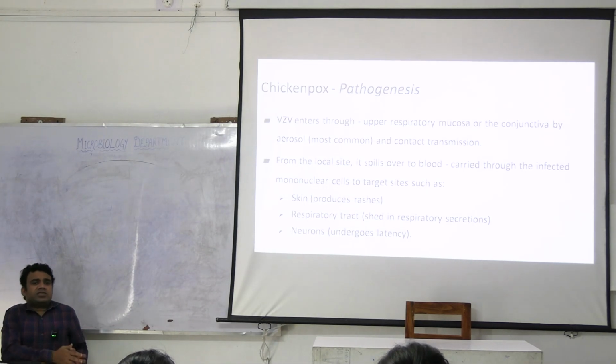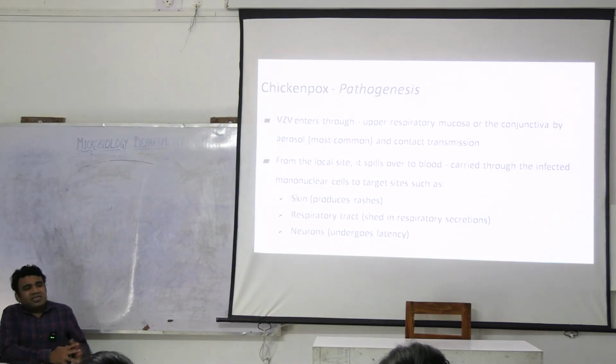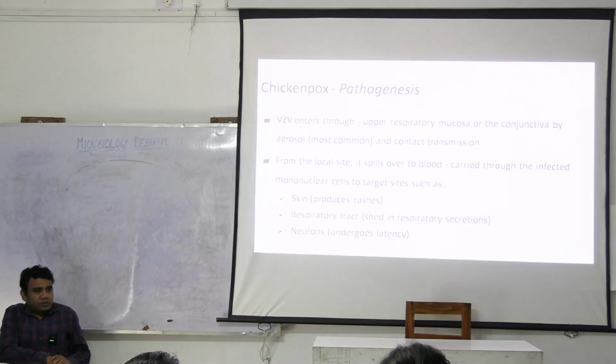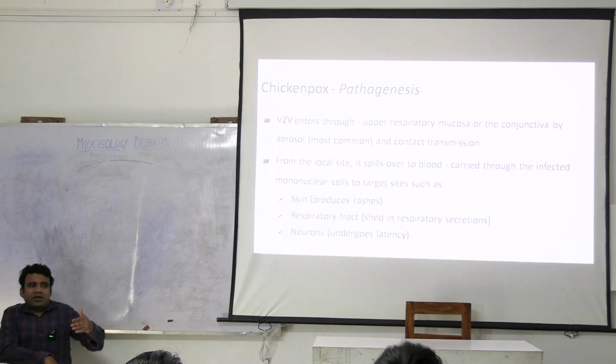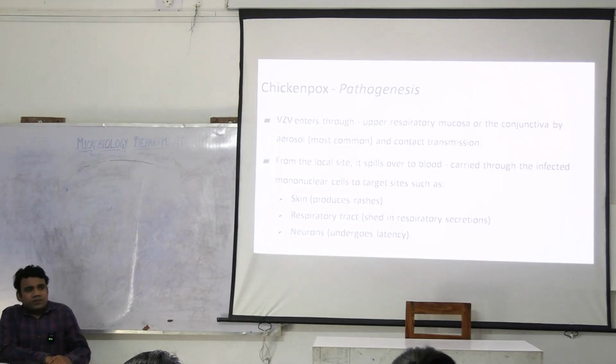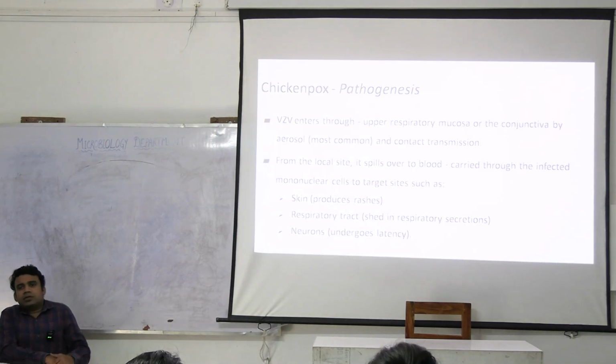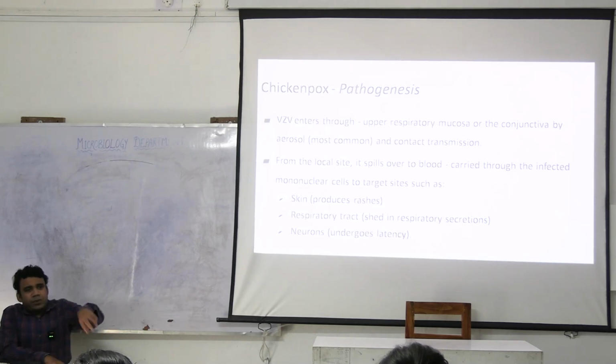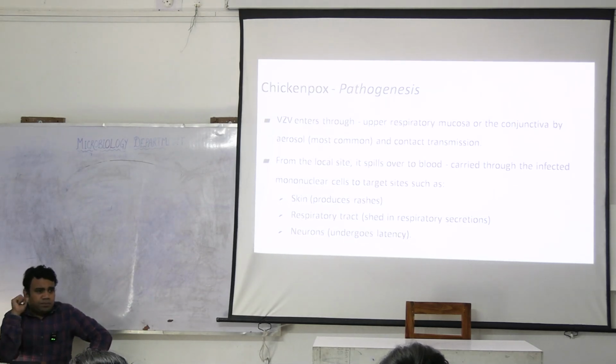how is this infection acquired? This infection is generally acquired through aerosol transmission. That means the route of infection is through the respiratory route. So whenever an infective patient sneezes or coughs, in every droplet he or she gives out this virus, and any person who comes in contact with this patient will get infected.